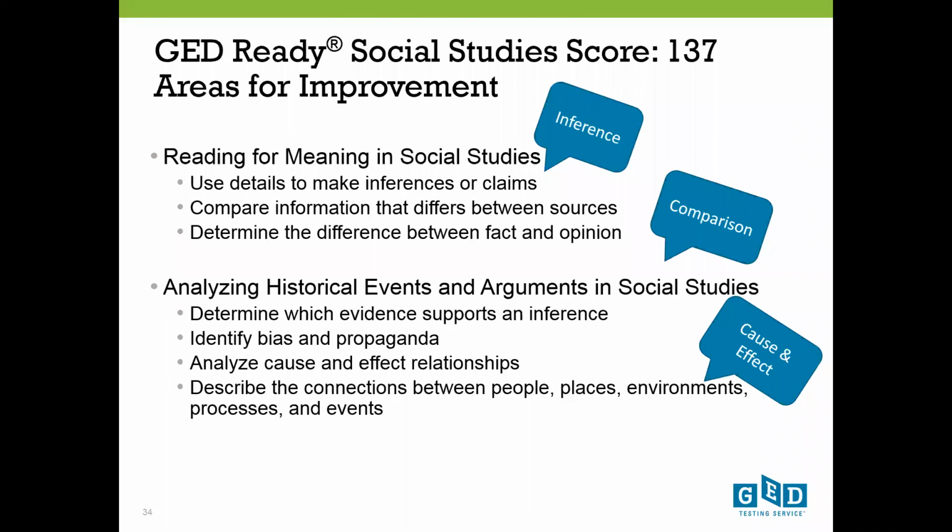We're talking about the evidence that supports an inference, being able to identify bias and propaganda. Those are essential skills for adults in our information-rich age. Students often think that there's some police of the internet that makes sure that what goes up is valid content. Well, we all know better than that.